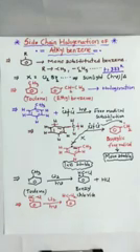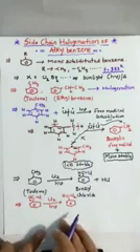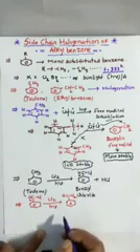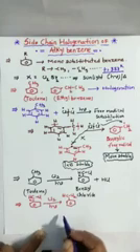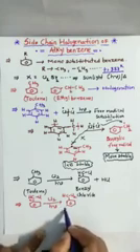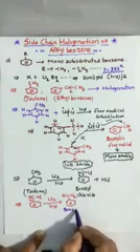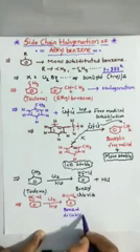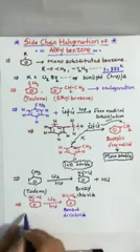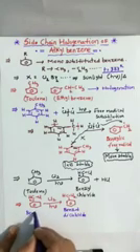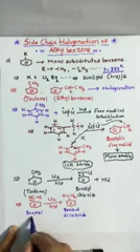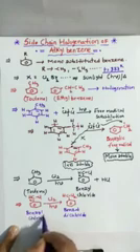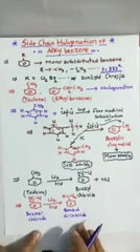One more hydrogen is substituted, and this we are calling benzal dichloride. This is benzal dichloride. So benzyl chloride is converted to benzal dichloride.